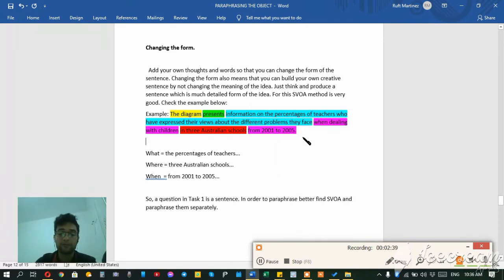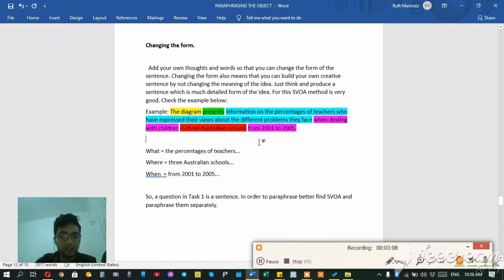By the way, if your time adverbial includes a number, you can write that time adverbial after the place adverbial. Or, when dealing with children is another sentence, that's why we write this one before this place adverbial. So we have subject, verb, object, time adverbial, place adverbial, and another time adverbial.